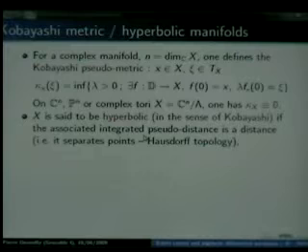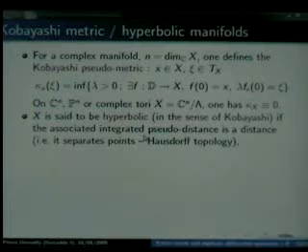So, on the contrary, you define a complex manifold X to be hyperbolic in the sense of Kobayashi if you are not in this situation, but the associated integrated pseudo distance is a distance.